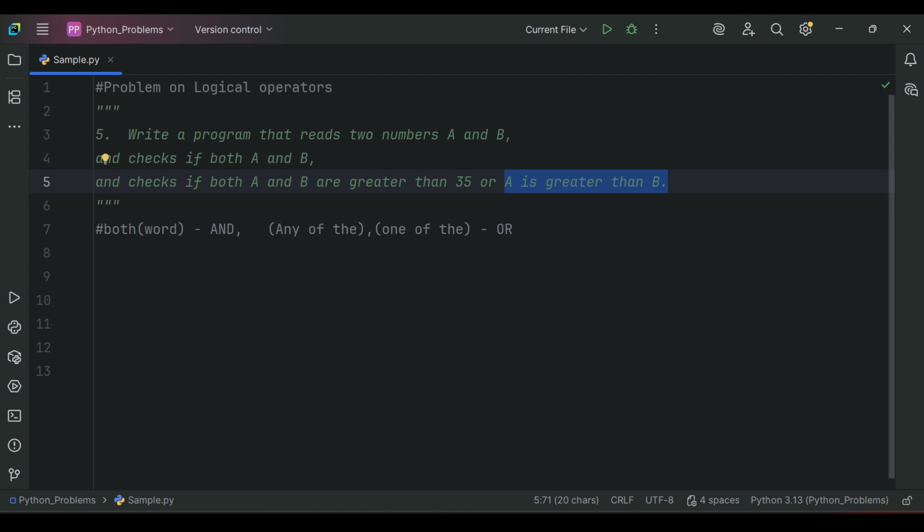This is the final condition. First prepare the first condition and the second condition. Finally we have to check these two conditions.